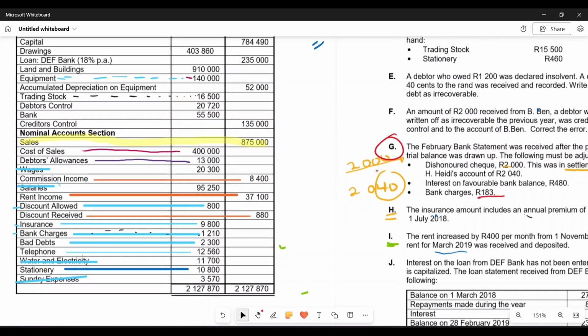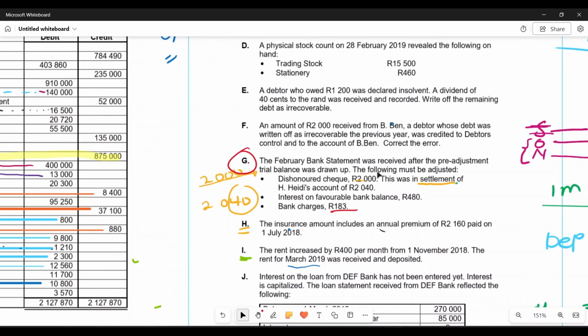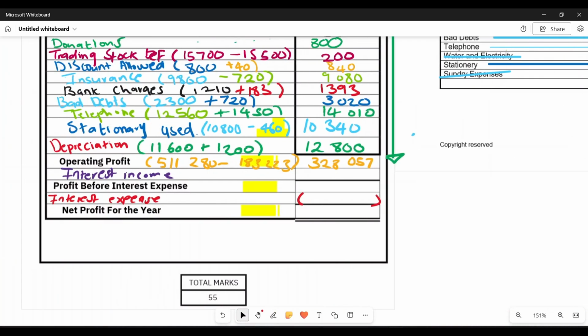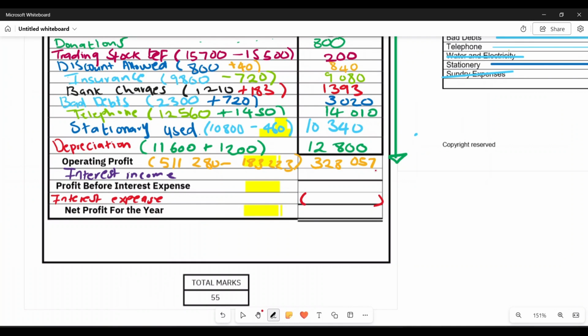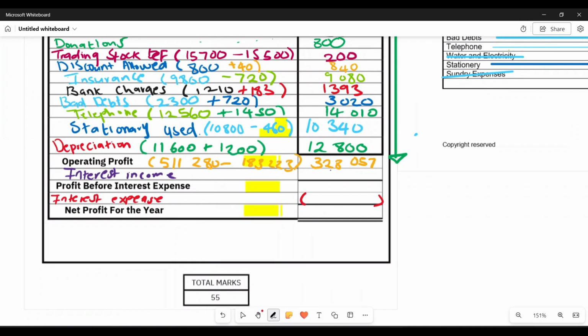On the given information, I don't have any information relating to interest income. But here I have interest on favorable balance, which is 480. So as a result, this would be my interest income, 480, my interest on favorable balance.